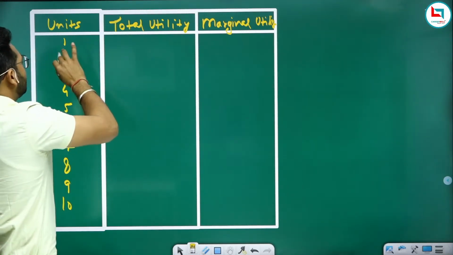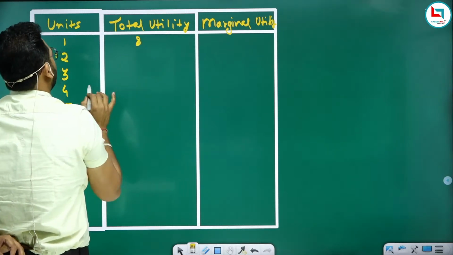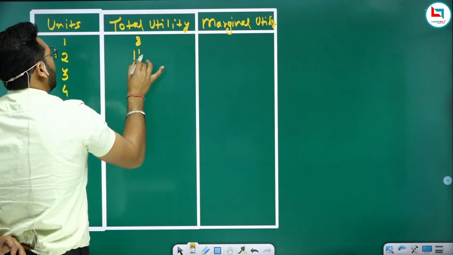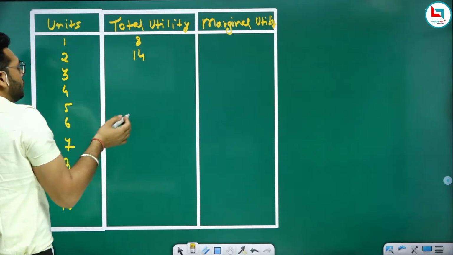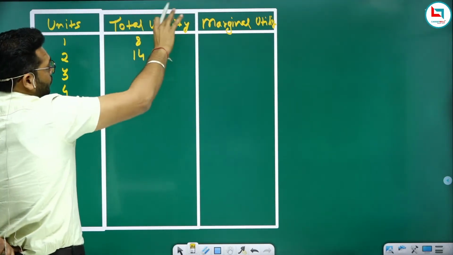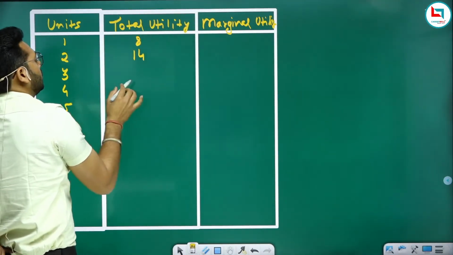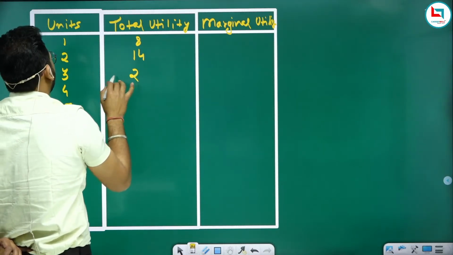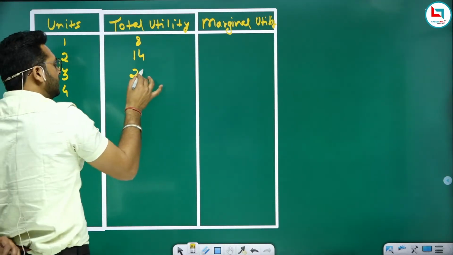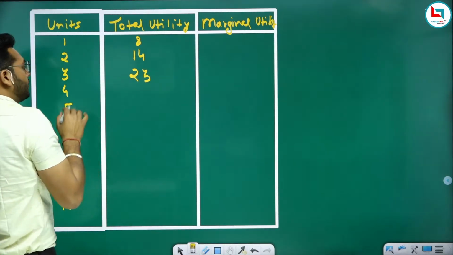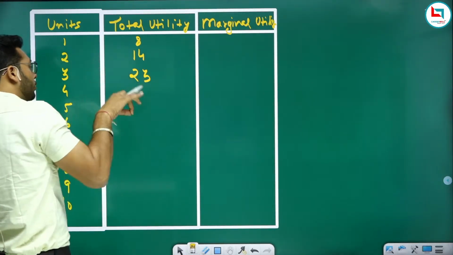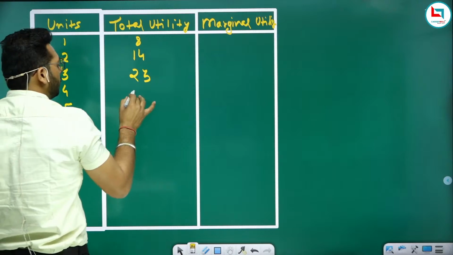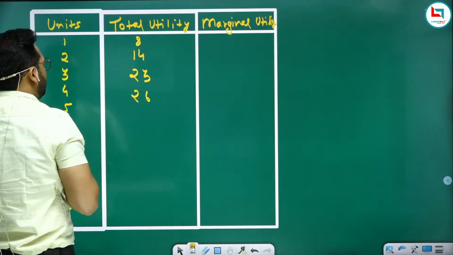So from the first unit, let's say 8 utils you got. Again, from the consumption of a total of 2 units, 14 utils you got. In terms of utils, we are talking about. Again, let's say after the consumption of 4 units, 26 you only got, right?